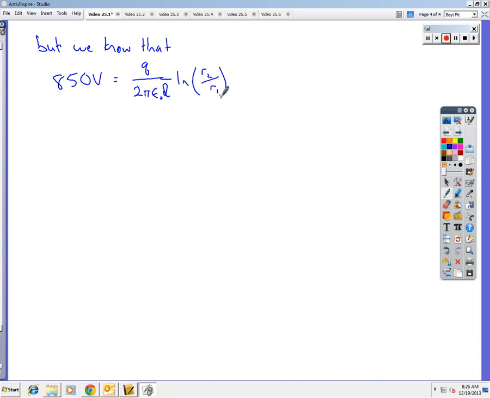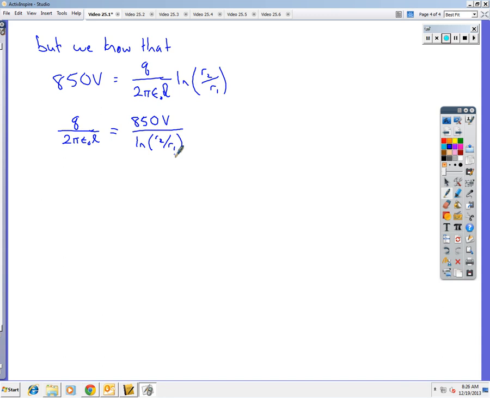And that means that this quantity, Q over 2 pi epsilon naught L, which is the unknown bit that shows up in our equation for electric field, is equal to 850 volts divided by the natural log of R2 over R1.